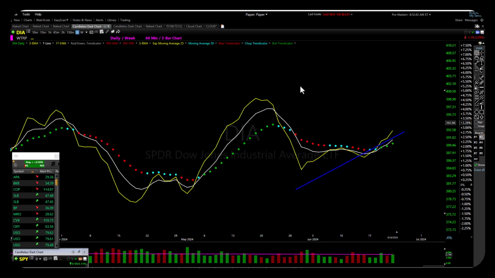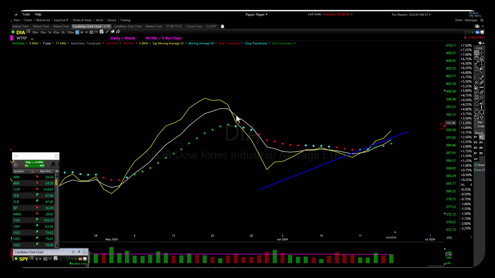If I take a look at the diamonds here, see how we hammered down hard right here, but we really didn't break down until over here. I know this time it broke down, but it could have just as easily been a sweet bullish buy and gone up. But now you can follow that price action below the trend.